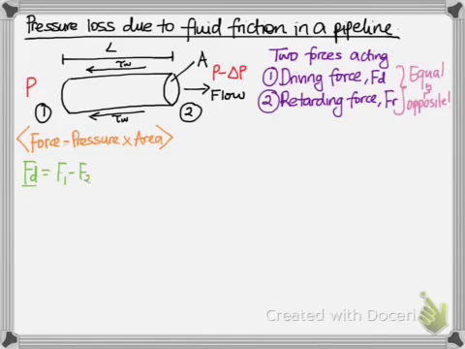Now, F1 is the pressure at point 1, which was P, times the area, so PA, and the pressure force at point 2 will be P minus delta P times A. Opening that and simplifying, we have PA minus PA plus delta PA.